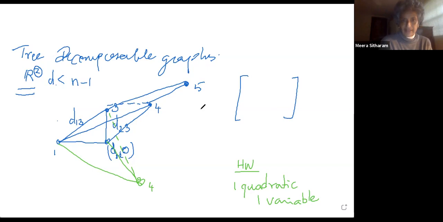You can convince yourself that not both positions of 4 would, I don't want to use the word generically yet, but in general, not both positions of 4 could satisfy a given distance for 3,4. So 3,4 has only two possible values once 4 has been placed. It's a fixed finite number of possible values for 3,4 once 4 has been placed, given that I've said that the dimension here is 2.